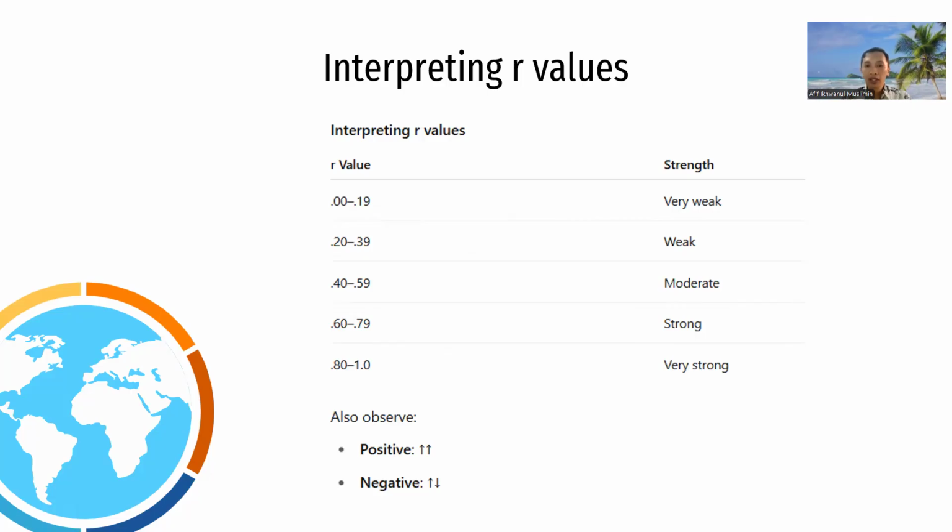And you have to remember that the relationship between two variables can be positive or negative. What happens if the relationship is negative? It means that if one variable goes up, the other variable goes down. For example, when we are discussing anxiety and speaking ability, we understand in logic that those who have high anxiety will have lower speaking scores, or vice versa.